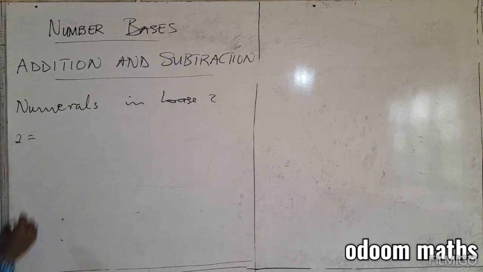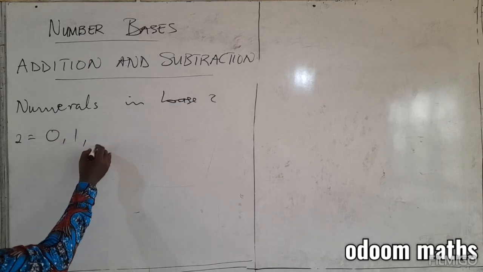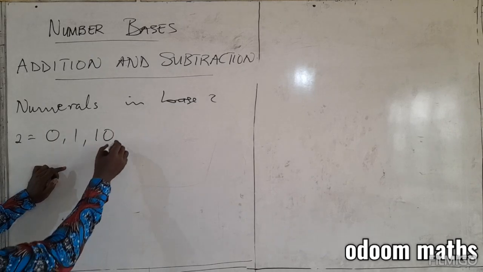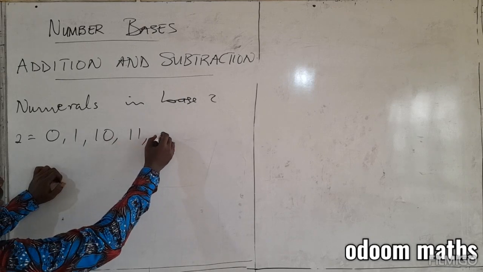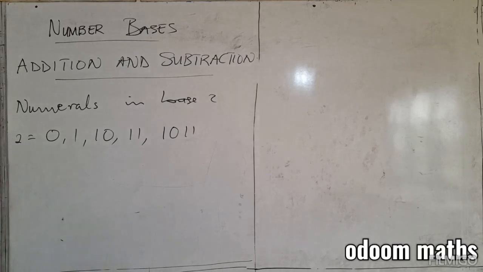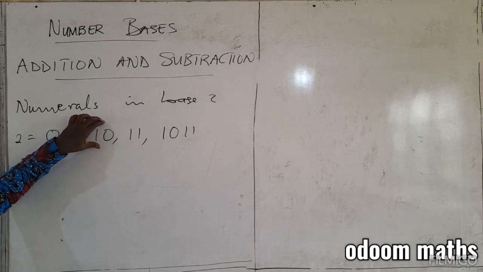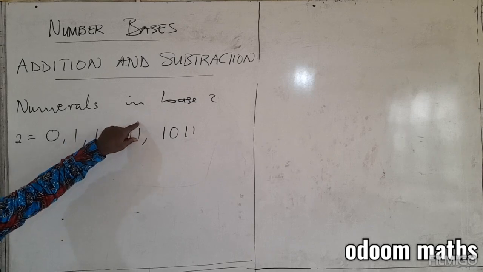Base 2 numerals: we have 0, 1, then 1, 0, 1, 1, and the rest. So it means we don't need to see 2 because we are dealing in base 2. So 0, 1, this is supposed to be 2, but it is 1, 0, 1, 1 after 2, and so on.